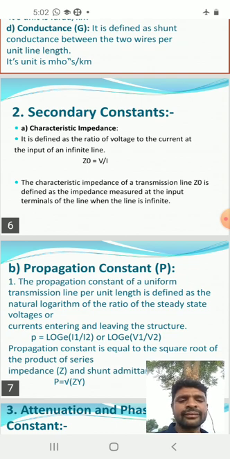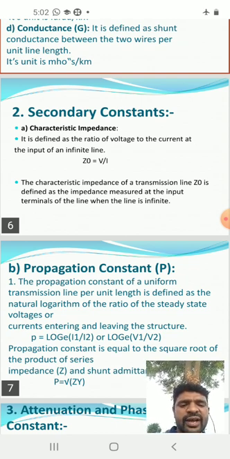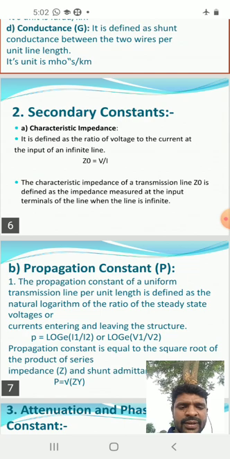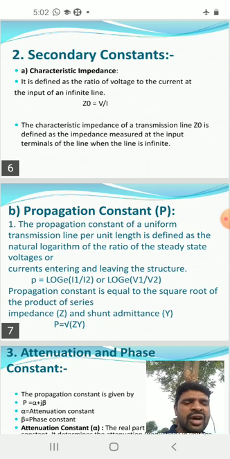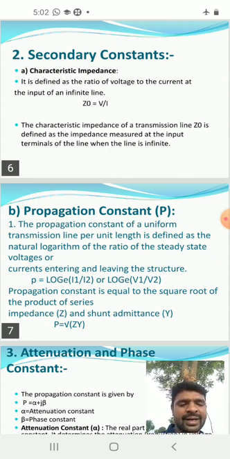Propagation constant: for a uniform transmission line of unit length, it is the natural logarithm of the ratio of steady state voltages or currents entering and leaving the structure. That means in any transmission line, the natural logarithm of entering voltage to leaving voltage, or entering current to leaving current, is called the propagation constant.